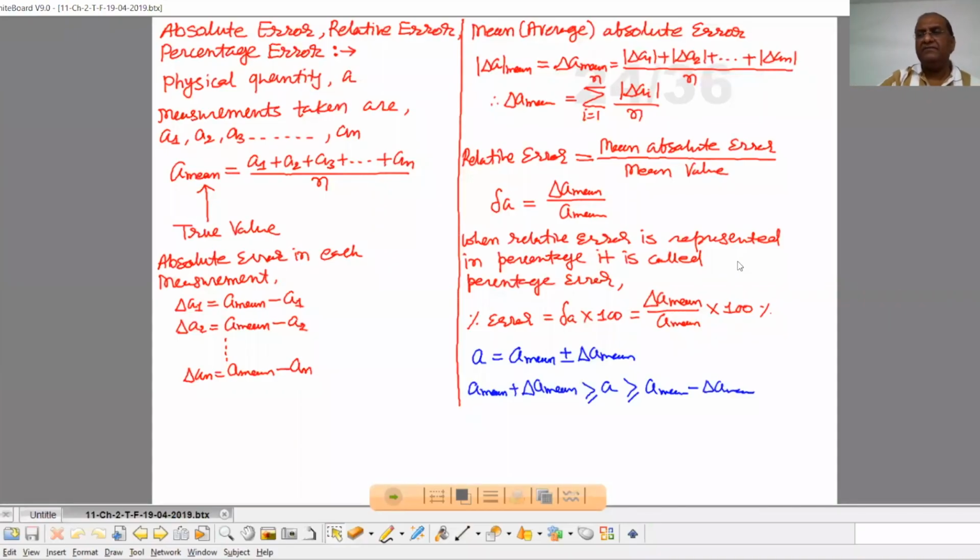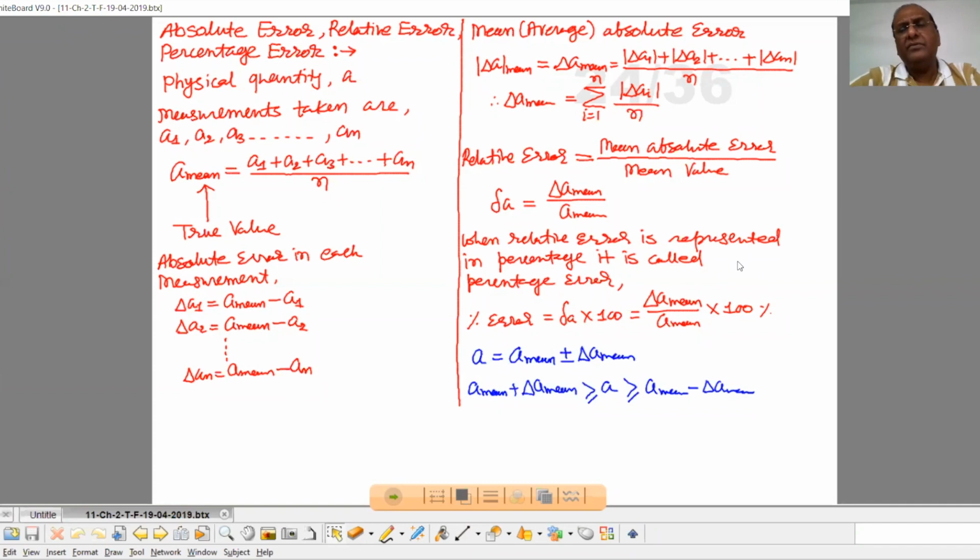Then after that, least count error. Suppose you take care about all the factors in taking measurements, but then also the error will appear, because when we take the measurement, definitely we have to use some instrument, and there is a limitation of that instrument.